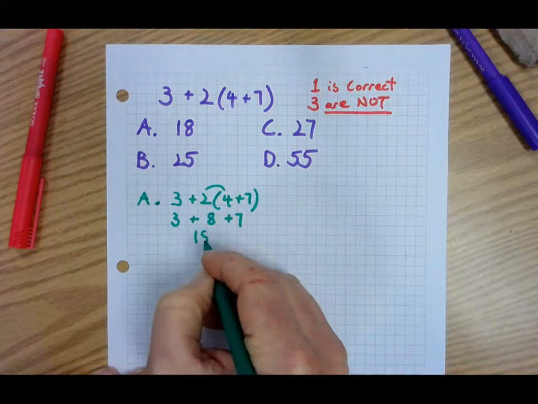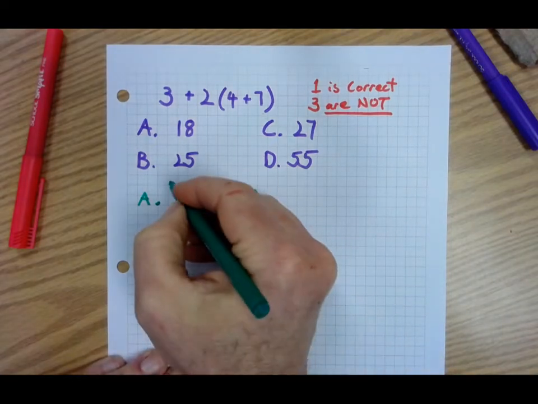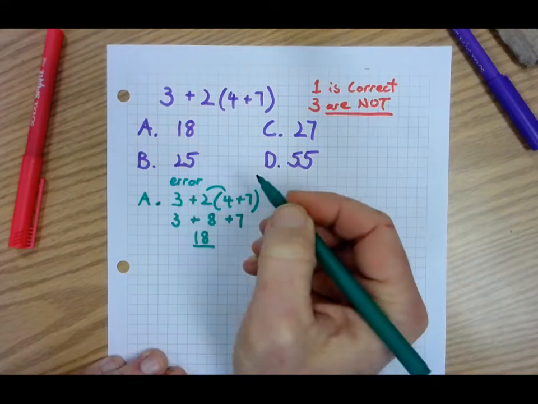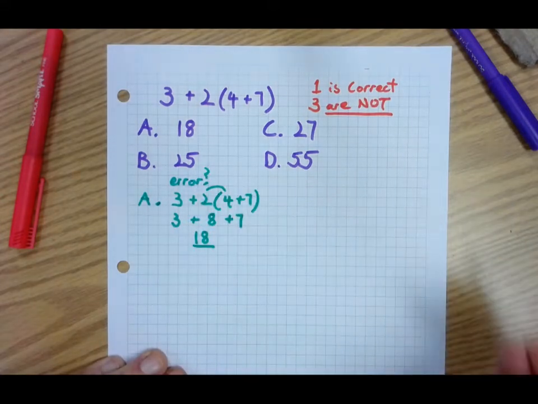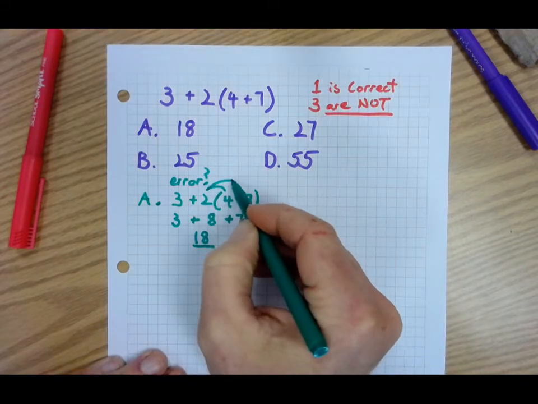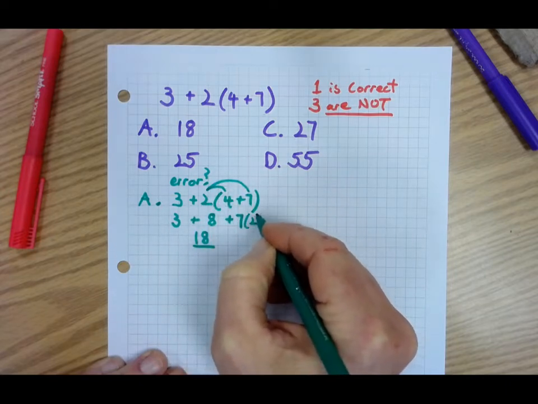What is the error? What's wrong with that? Why can't I do that? I got 18. I think it's right. Well, the error is your options are you could distribute the 2 times 4, which is 8, and 2 times 7, which is 14, and then that would change your answer.